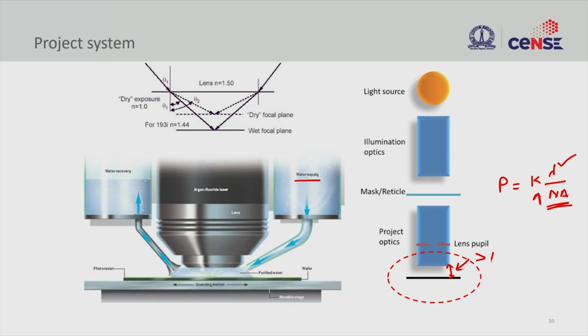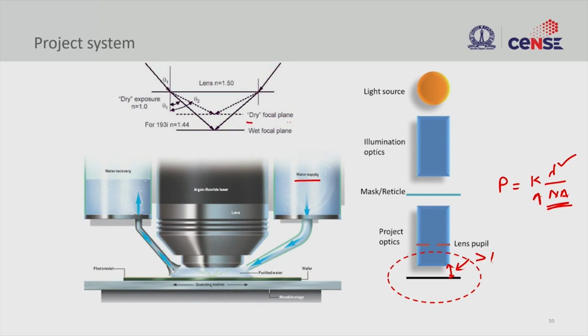For microscopy, people who are aware of it, this is immersion imaging. When you put a fluid between your objective lens and your slide, you are naturally improving your numerical aperture and your image quality as well.